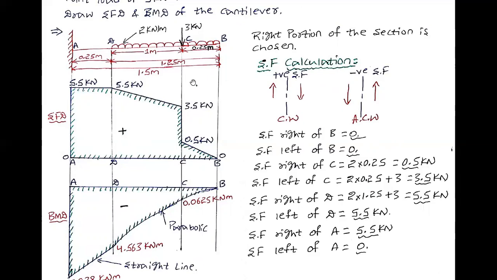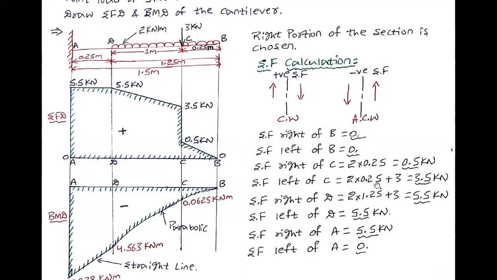Now, I have taken right of C. Now, shear force left of C. If you take shear force left of C, here you can see that the point load is acting as well as UDL. First, convert this UDL into a point load. From point B to C, it is acting. UDL is 2 kilonewton per meter multiplied by 0.25.